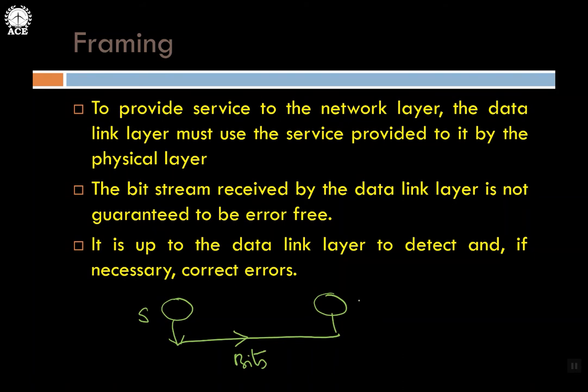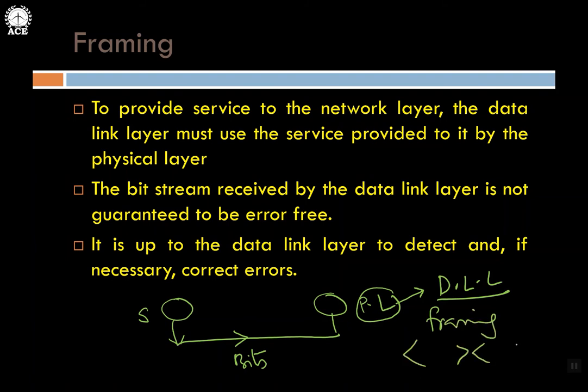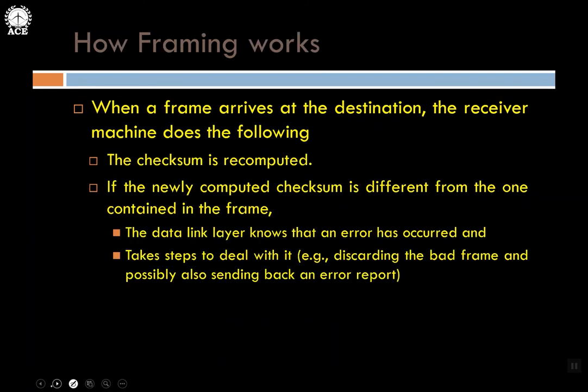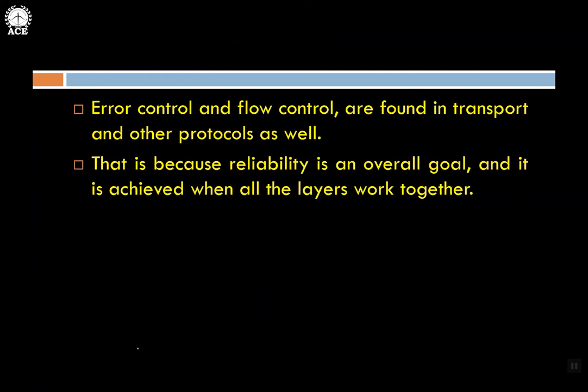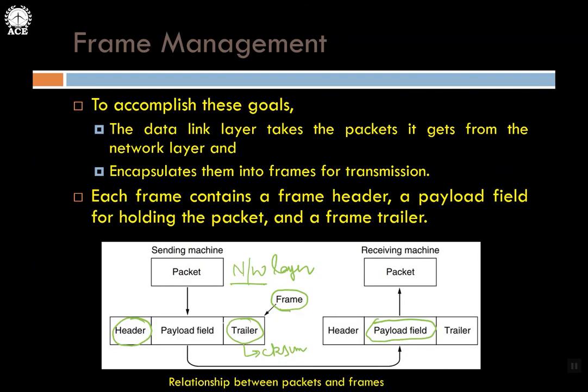This is the physical layer. The physical layer hands over these bits as they are to the data link layer, so the data link layer has to perform framing, that is breaking up the bit stream into units called frames. The general frame structure I showed you in the earlier slide.